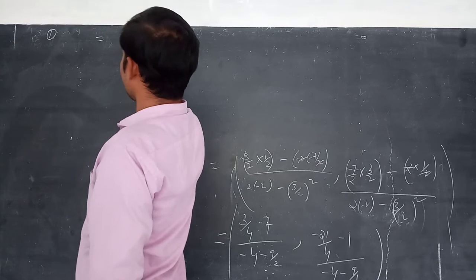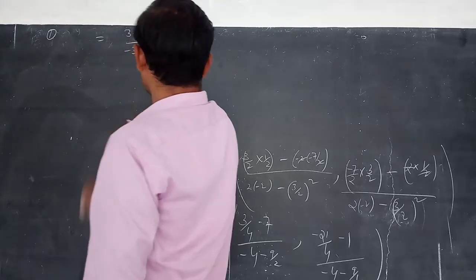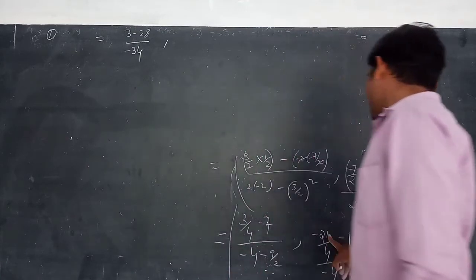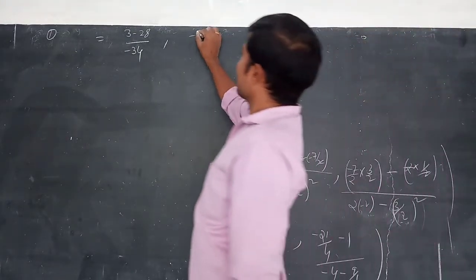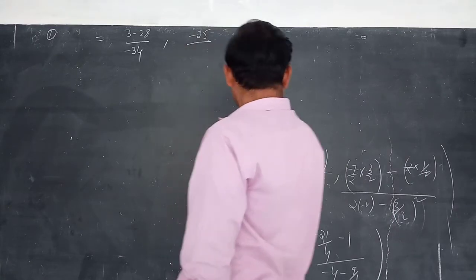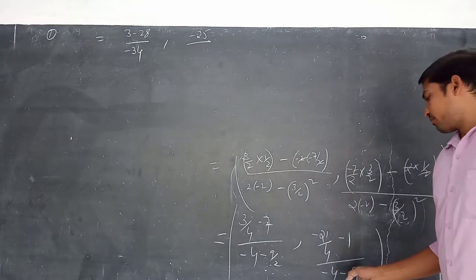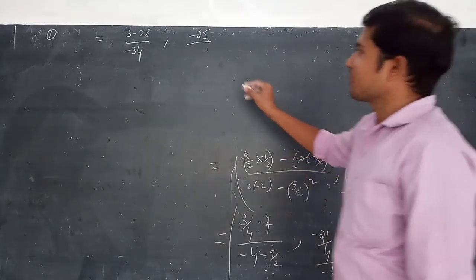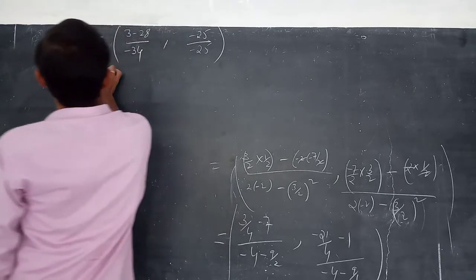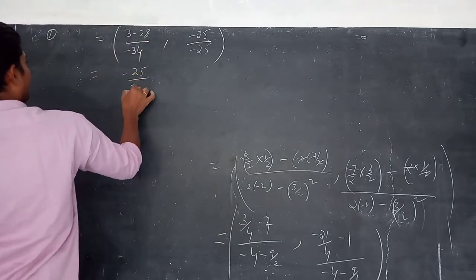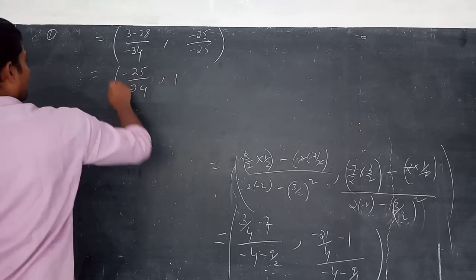Minus 17 means minus 34, comma, minus 21 minus 4 minus 25. Minus 25 by 16 minus 9 minus 25. Minus 25. Close it. Minus 25 by minus 34, comma 1.